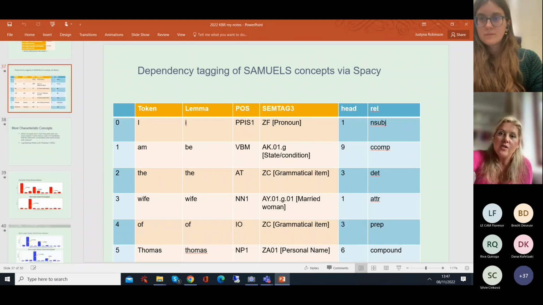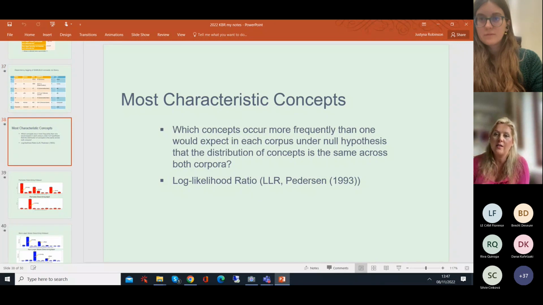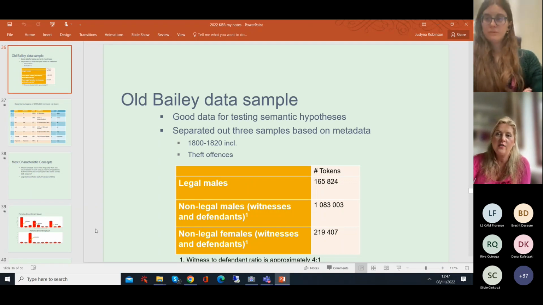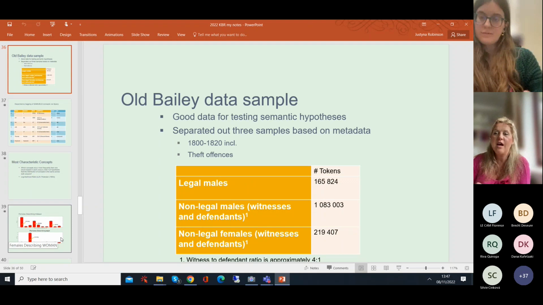And this allowed us to look at things like what are the most characteristic concepts for different people in the courtroom, because in the courtroom we had people who were males and females, but only males could have the kind of legal position. So we wanted to find out how the different social groups talk about the different concepts differently.